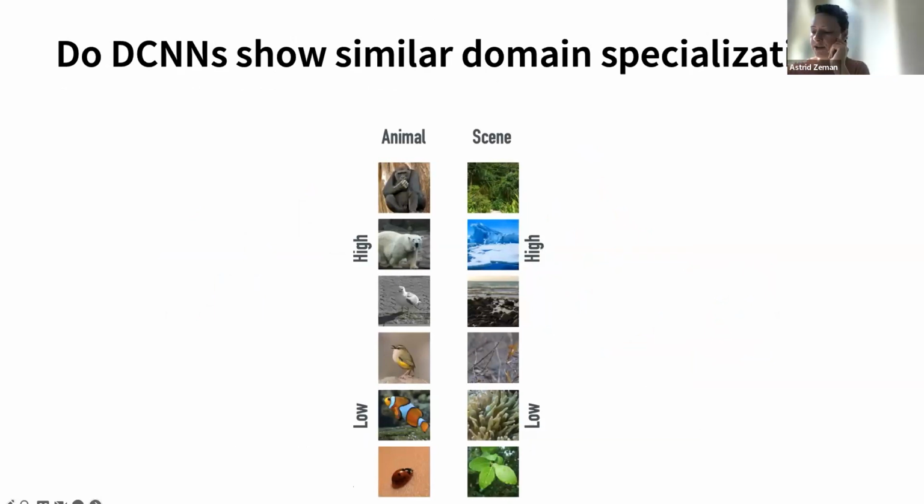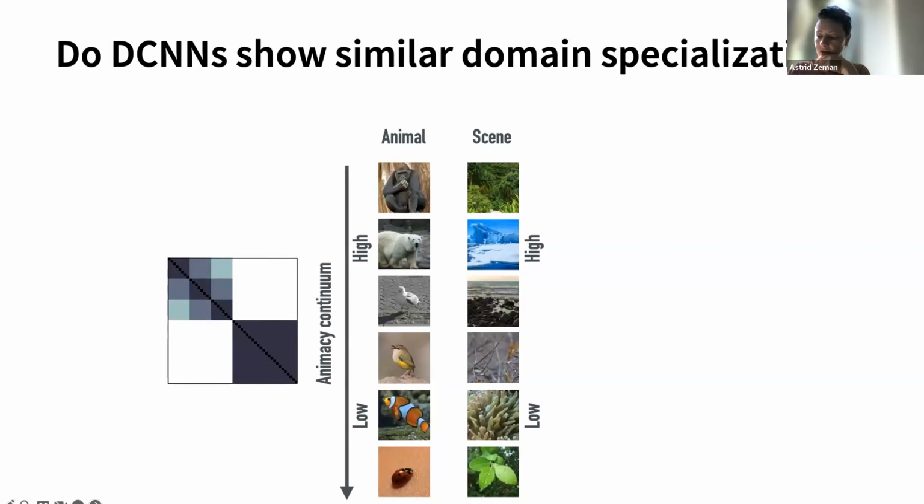However, I just mentioned that DNNs are only trained to recognize differences, say, between faces or objects or scenes. So can they capture this rich behaviorally relevant space? Our design allowed us to look not just at across domain representations and associations, but also within domain spaces. For example, with the in-domain animal condition, we have an animacy continuum from mammals to bugs.